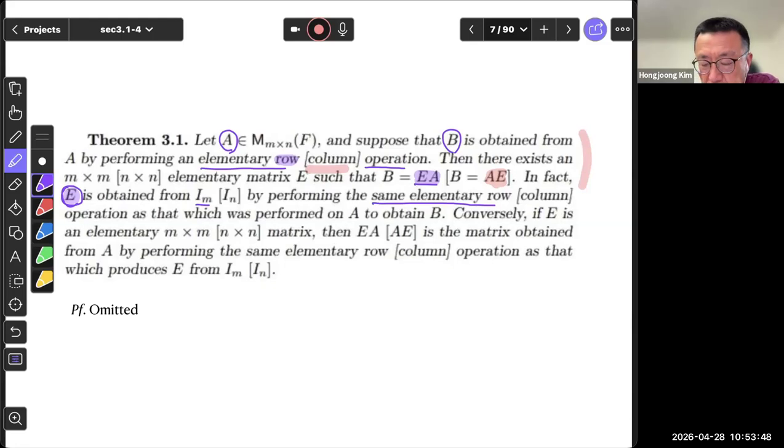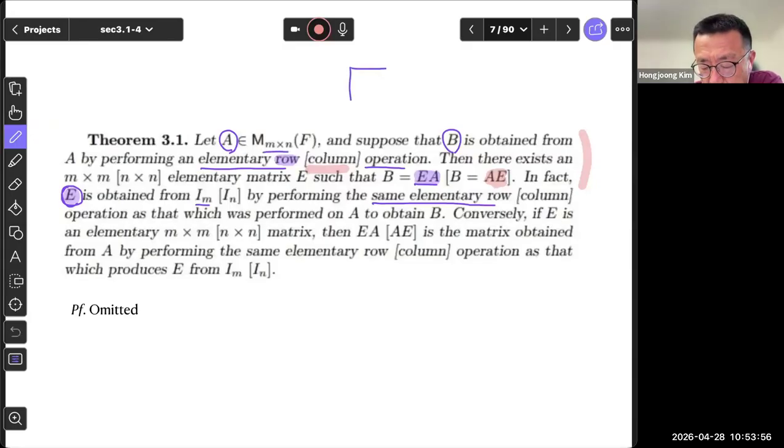Okay? Now, given an m by n matrix A, elementary matrix is obtained from the identity matrix. So elementary matrix will be a square matrix.